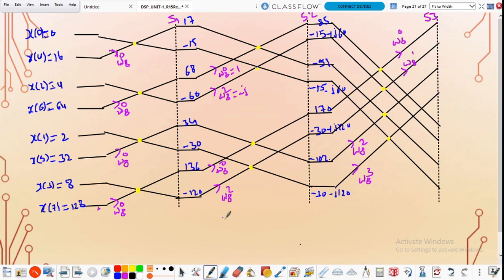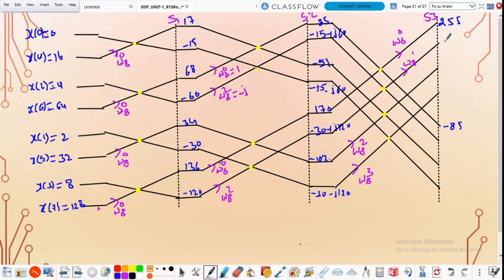So therefore, this output value is 255 and this output value is minus 85. So similarly, calculate the remaining output values using this butterfly node.